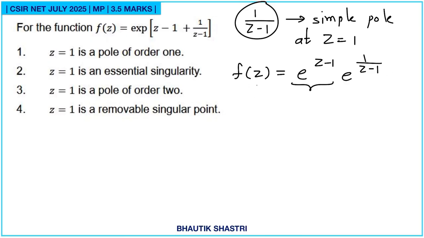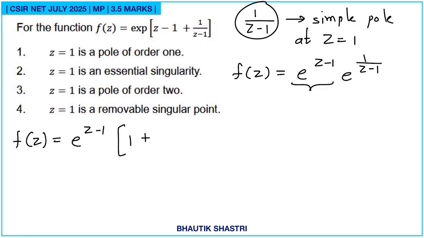So we can expand this, so it can be written like this, f of z is equal to e raised to z minus 1, and we will use the exponential series, that is 1 plus x by 1 factorial, x square by 2 factorial, and so on.